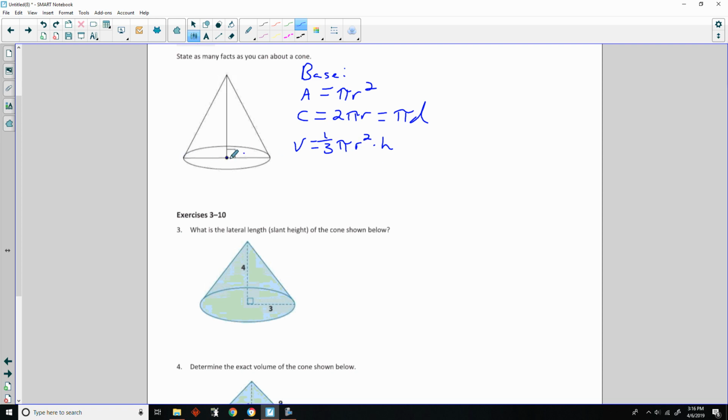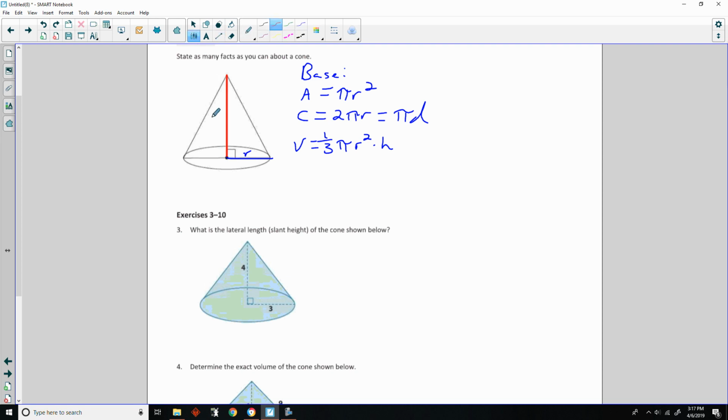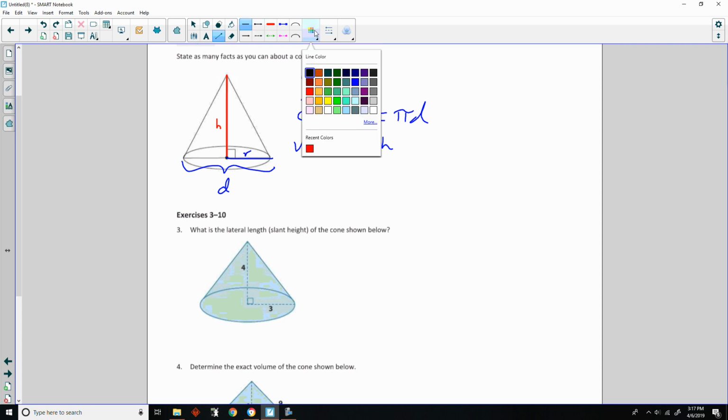Where this piece here is a radius. This is a height. And this whole thing is a diameter. And might as well go one step further because we're going to get into that later in this lesson.